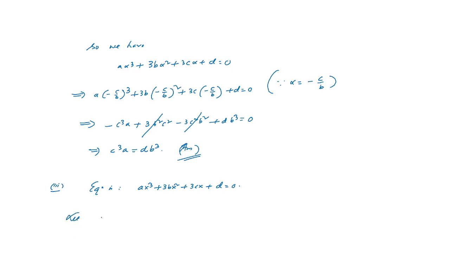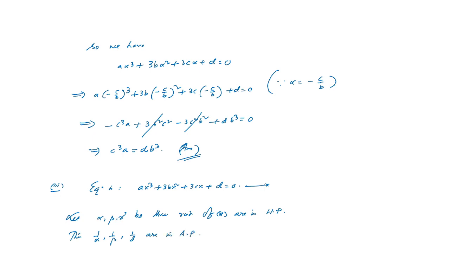Let alpha, beta, gamma be the three roots of the equation star, and they are in HP, harmonic progression. Then we can write that 1 by alpha, 1 by beta, and 1 by gamma are in arithmetic progression.